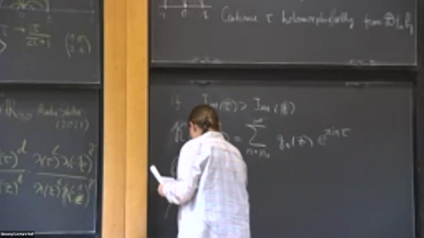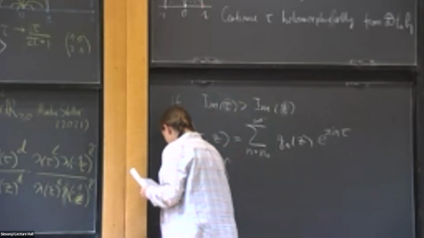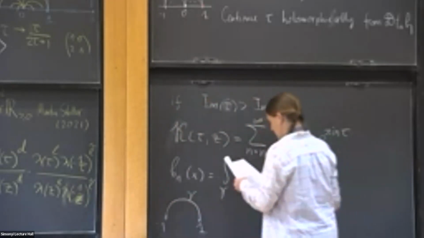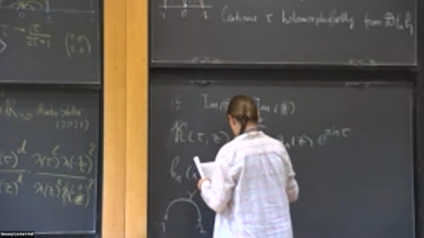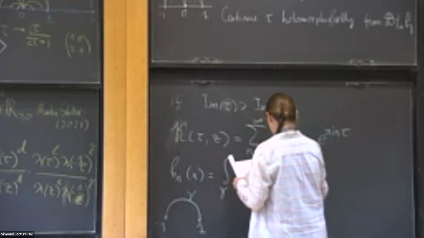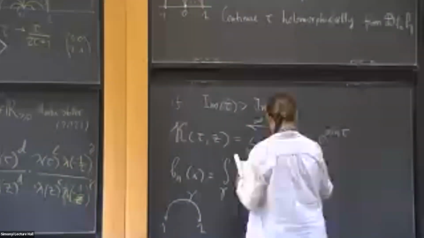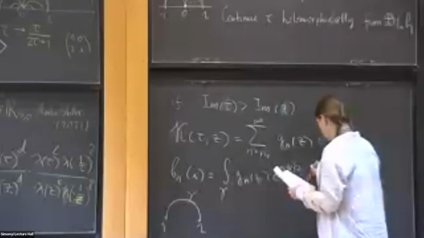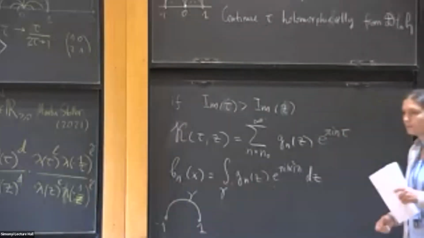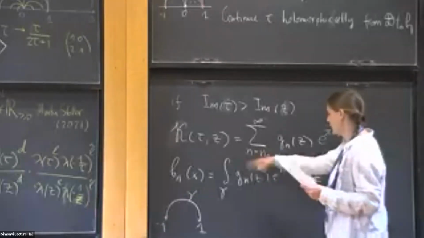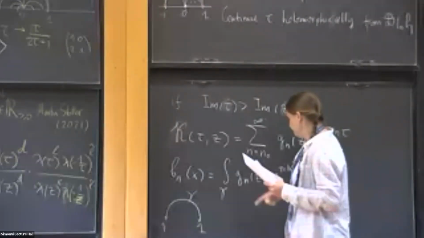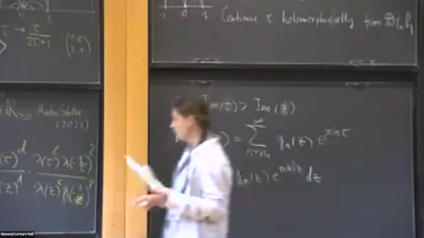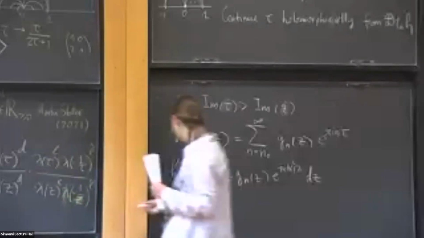And so again, gamma would be a path from -1 to 1. And so the functions Gn would be weakly holomorphic modular forms of weight 2 minus d over 2.